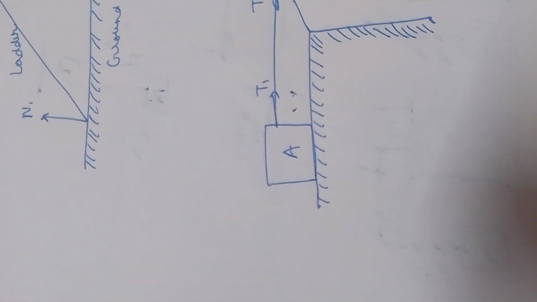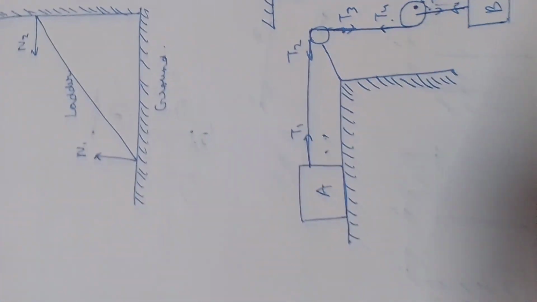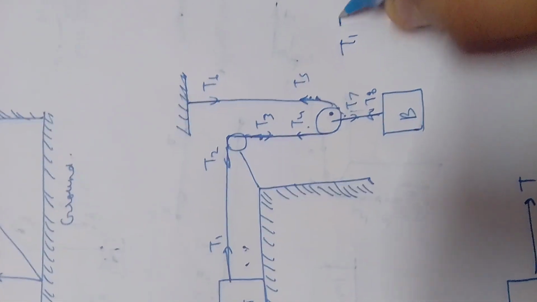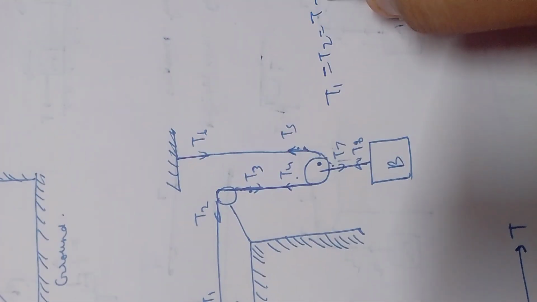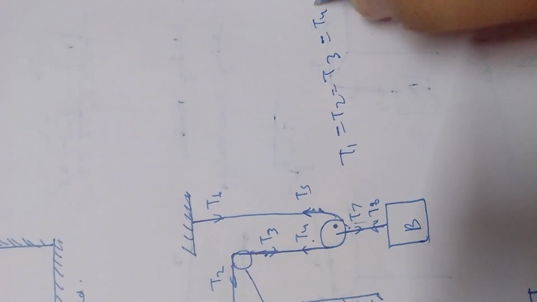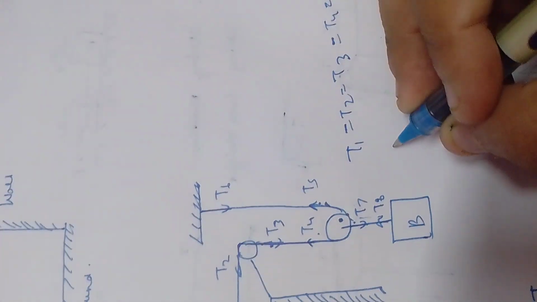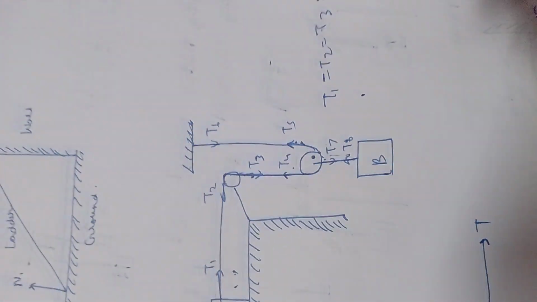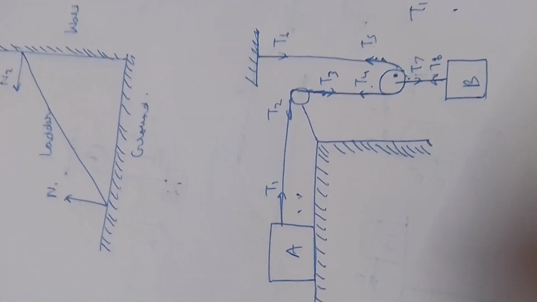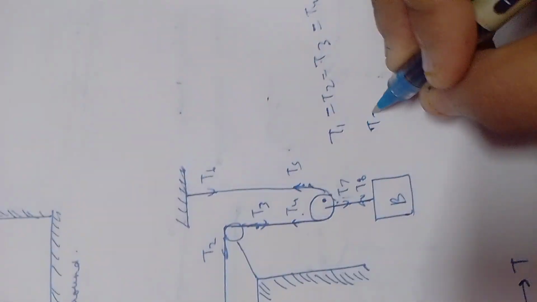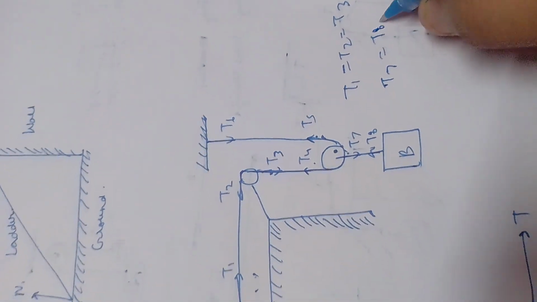Here we have to know that T1 is equal to T2 is equal to T3 is equal to T4 is equal to T5 is equal to T6, because the string and pulleys are massless and there is no friction in the pulleys between them, and also T7 is equal to T8.